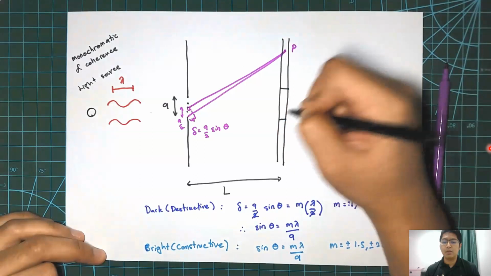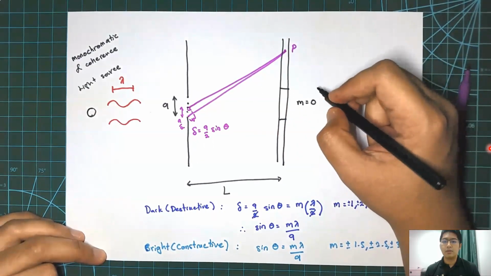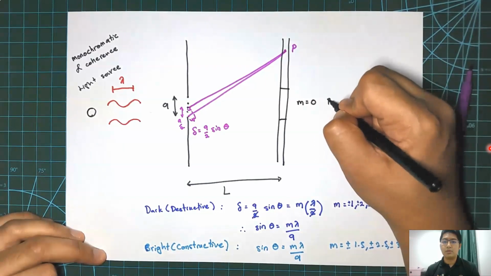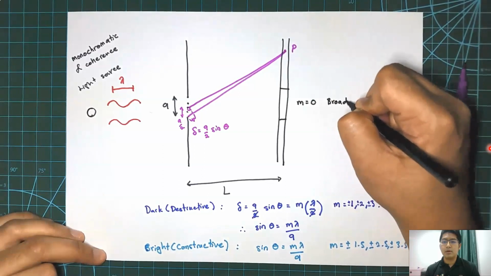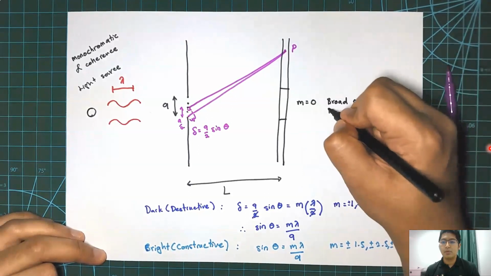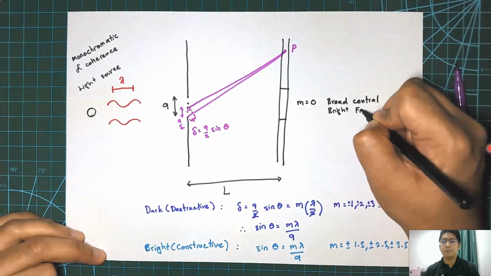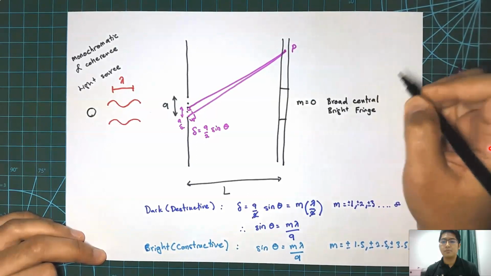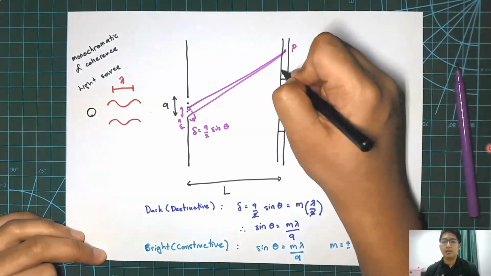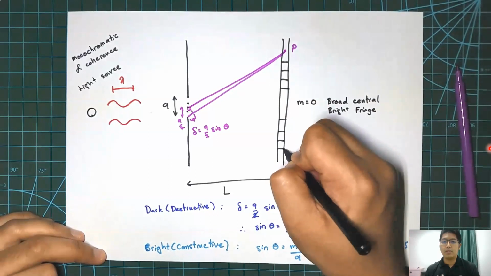So the pattern of the diffraction looks like this. m equals 0 is actually the broad central bright fringe, and it is flanked by a series of dark and bright fringes.